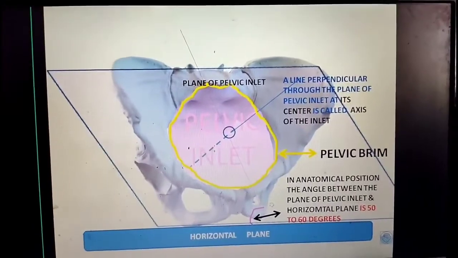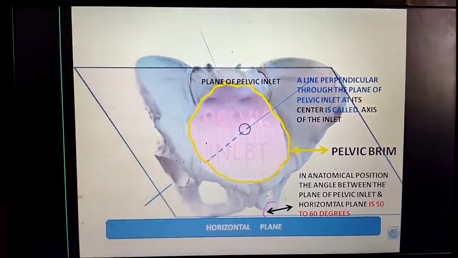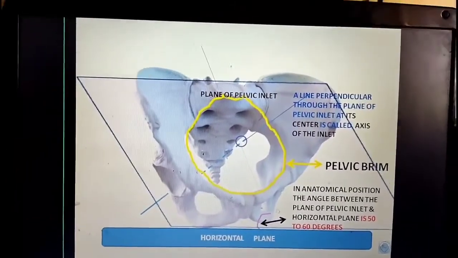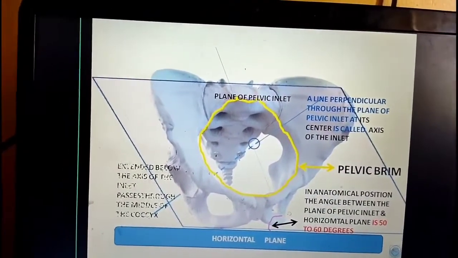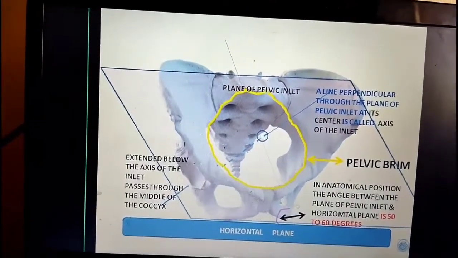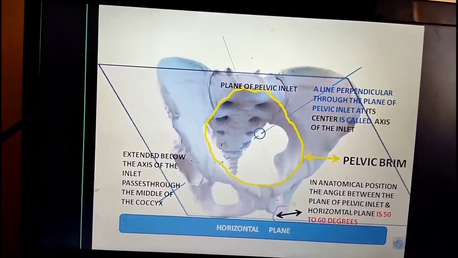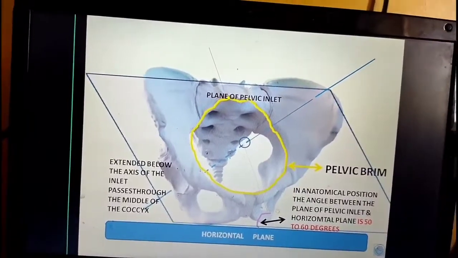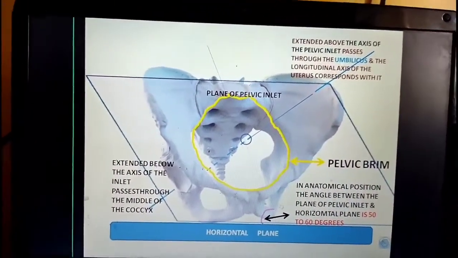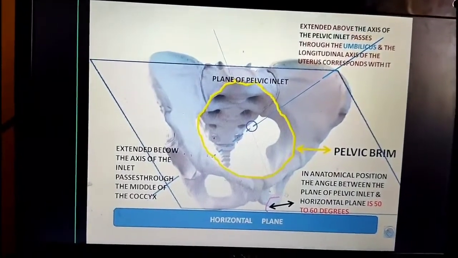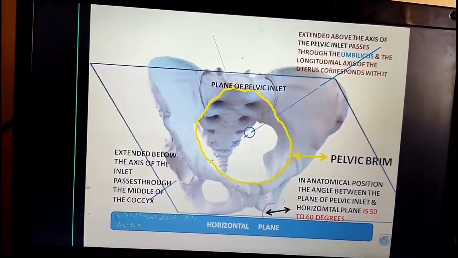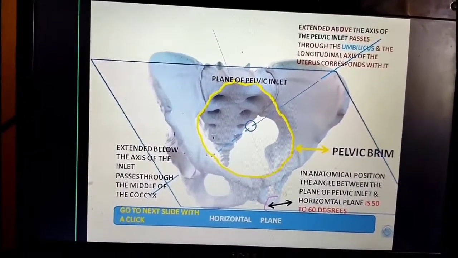This is the axis of the inlet. Now when extended posteriorly, this axis corresponds with the middle of the coccyx, and when extended upwards, it corresponds to the longitudinal axis of the uterus, and it passes through the umbilicus.